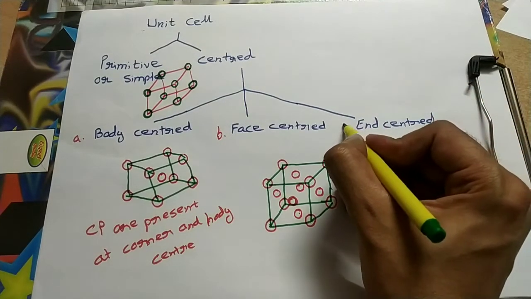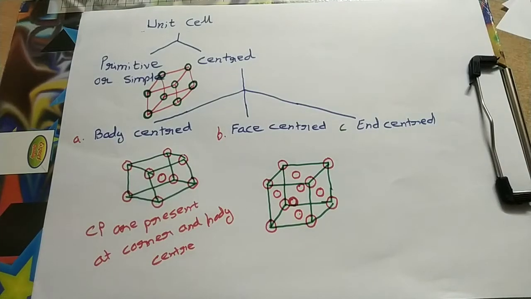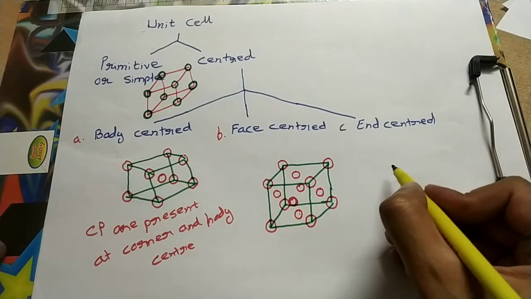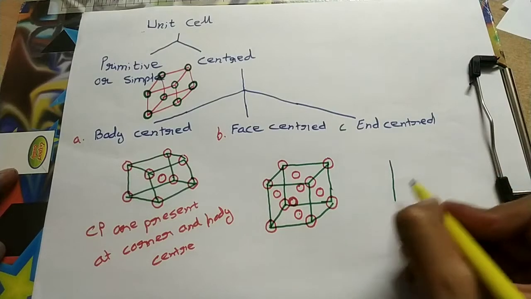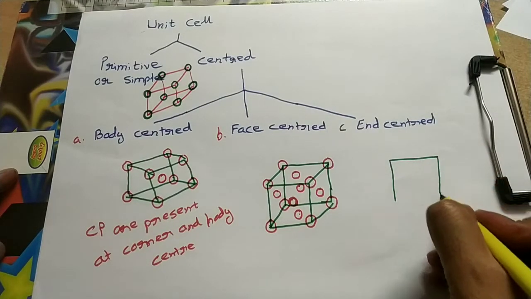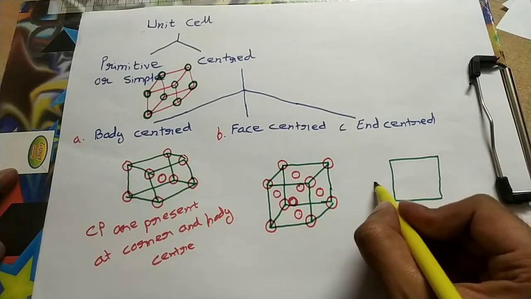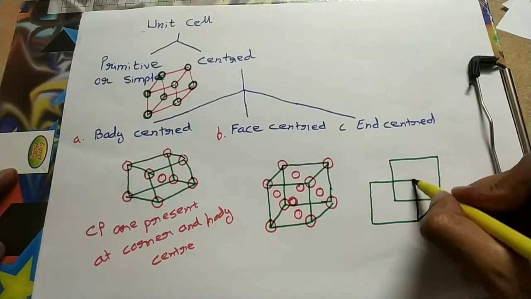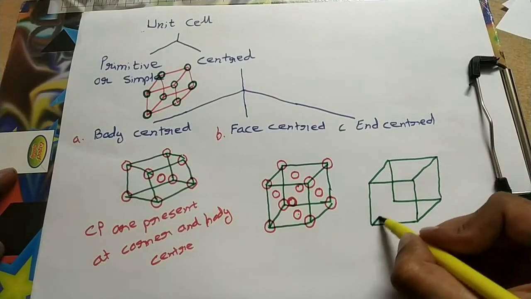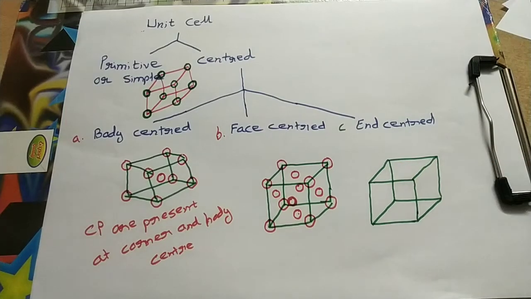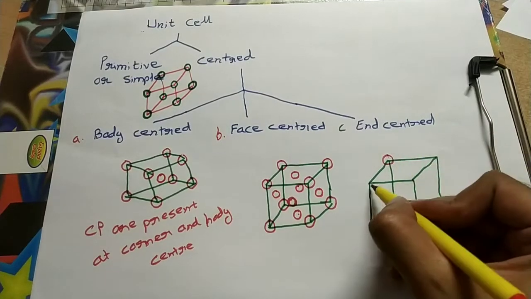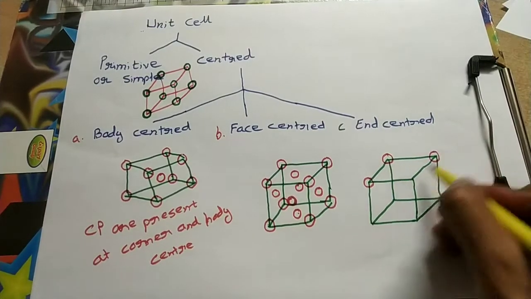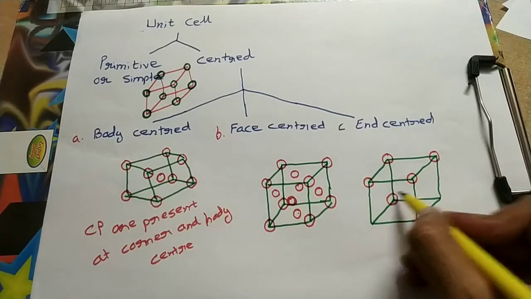The third category is the end-centered cubic unit cell. In this type of unit cell, constituent particles occupy the corners of the cube plus any two centers of opposite faces.